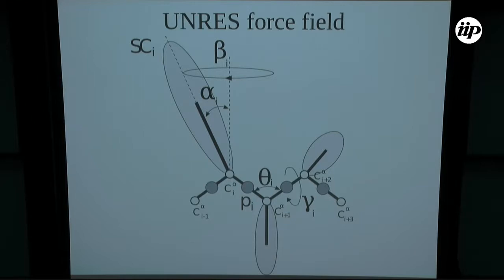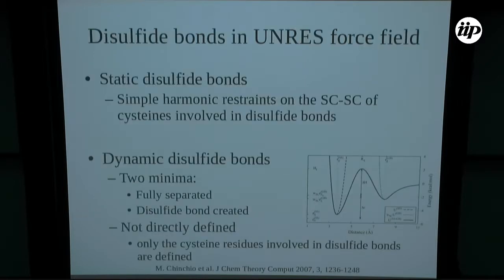So in the UNRES force field, how do we treat it? The UNRES force field was talked about a little yesterday, mainly by Czarek. We have two sites of interaction, one being the side chain, the second one the peptide group. So this will be about interaction between side chains. What is different from other force fields is that we can treat it not only as a simple harmonic restraint, where we say that they are always formed, or as a simple reduced one.